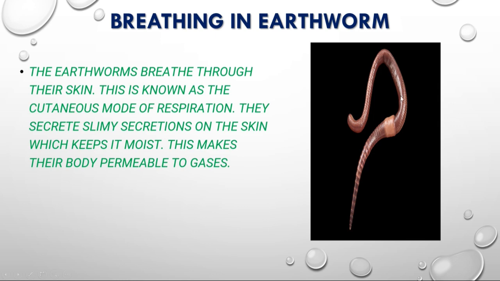If we have ever touched or held an earthworm, we will find that the skin of the earthworm is very moist. Why is this moist? Because the skin secretes slimy secretions which make the body of the earthworm moist in nature. Now, what is the relation with breathing in earthworm?